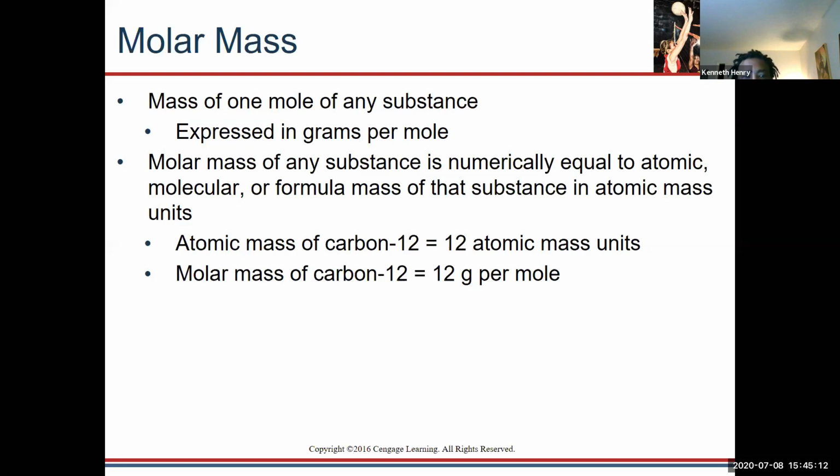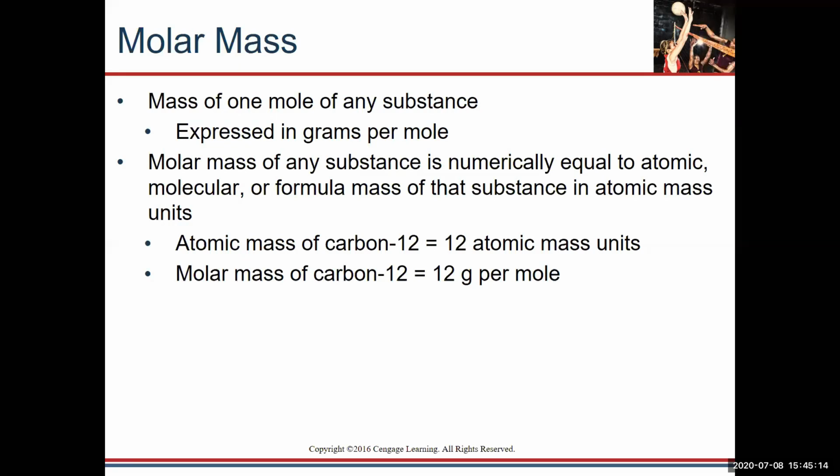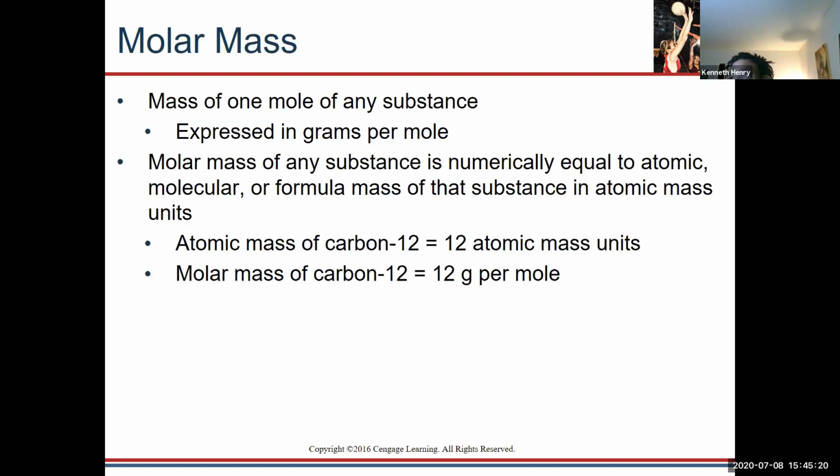So we will often express it in terms of grams; grams per mole is going to be the units. Our mass system for the periodic table, and pretty much our mass system in general, is based upon carbon 12. That's the founding thing for us, our starting point.